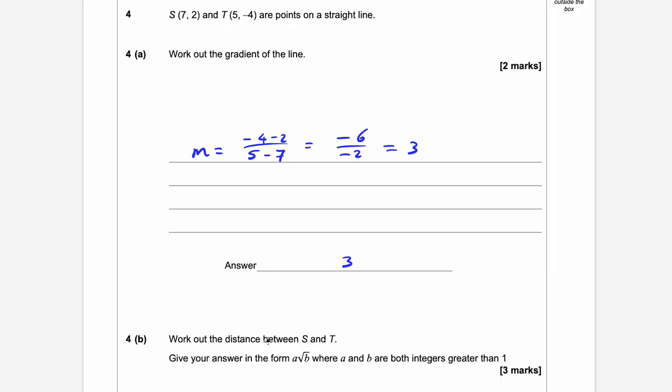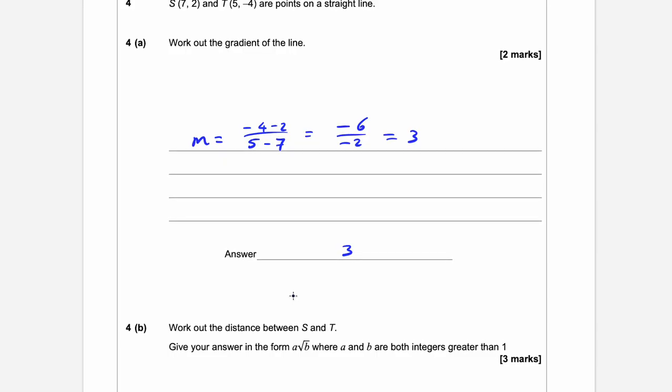Work out the distance between S and T. Give your answer in this form. Okay, so let me just do the distance formula here. So distance is equal to the square root of x1 minus x2 squared, so 7 minus 5 squared, plus y1 minus y2 squared, which is 2 minus minus 4, which is plus 4 squared.